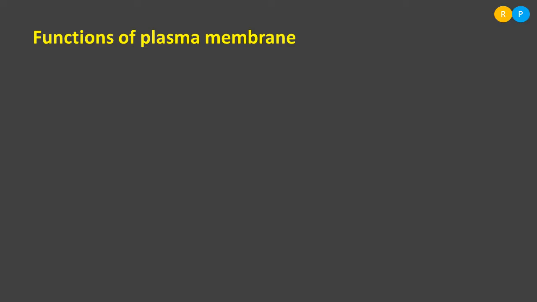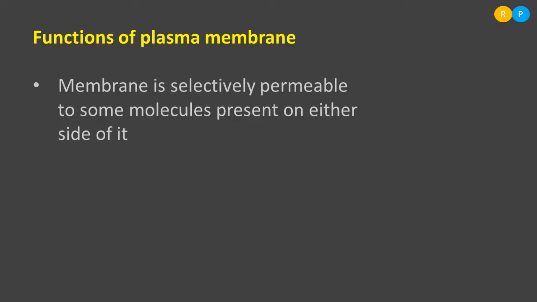In our last video we studied the structure of plasma membrane, and there we understood that plasma membrane consists of three different macromolecules: lipid bilayer, protein, and carbohydrate. Lipid and protein molecules are very essential for the movement of molecules across the membrane.